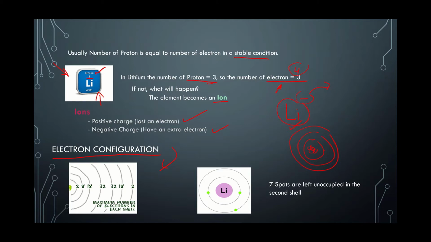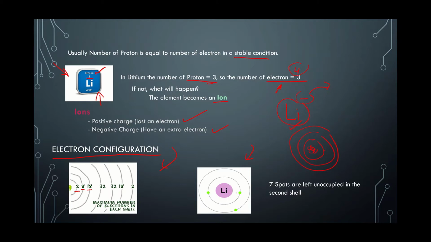The first shell, for example here, has a maximum of 2 electrons, the second shell 8, the third shell 18, and so on. For example, if we take the same element, lithium, as I explained, lithium has 3 electrons.